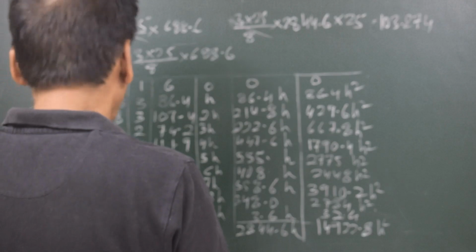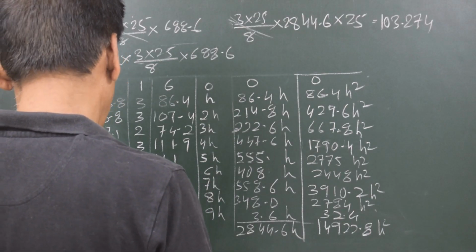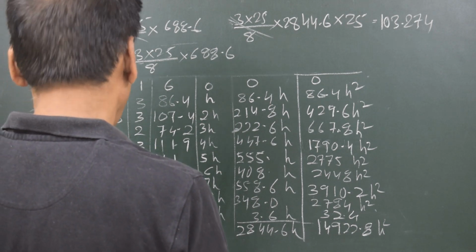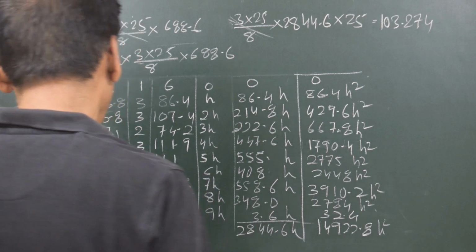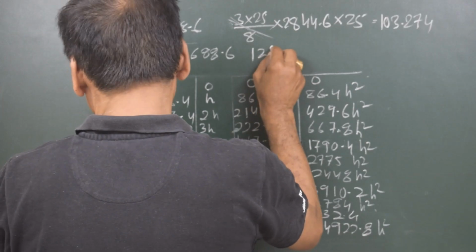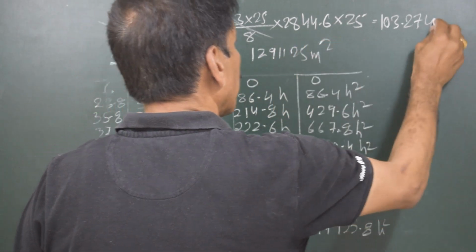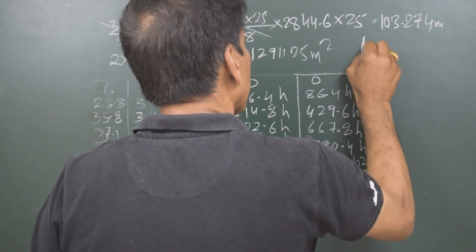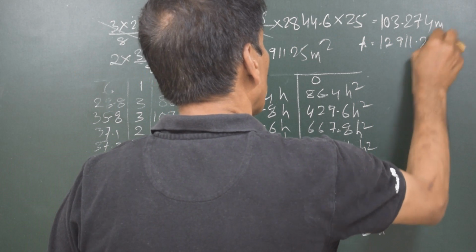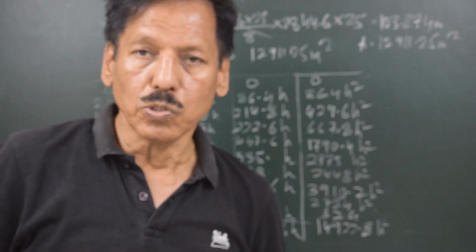So that is 150 into 688.6 divided by 8 gives me 12911.25 meter square. I write it here. The total area is equal to 12911.25 meter square. So I've got the LCF and I've also got the area.